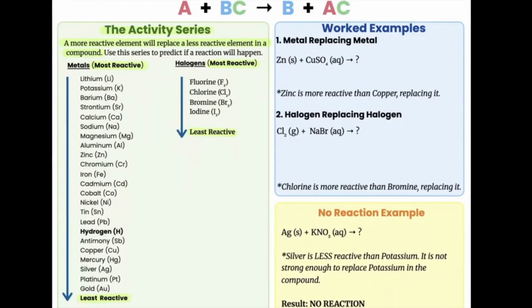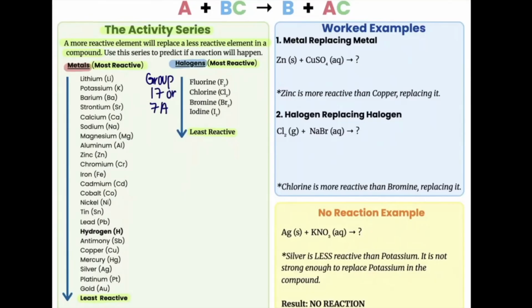So pay attention to your labels and know how to read the table that your teacher gives you. And notice that metals have an activity series, as shown here, and halogens also have their own reactivity order as well. If you remember, halogens are a family in the periodic table, and they are found in group 17 or group 7A of the periodic table.